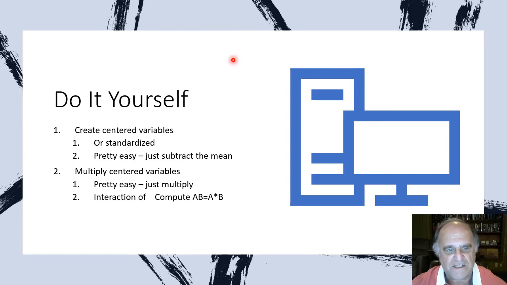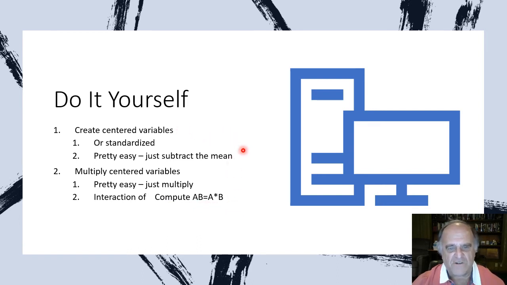So it's a two-step process to create an interaction. First, we have to center the variables. We just subtract the mean. And then we have to multiply the centered variables together. That's pretty easy. So the interaction would be compute AB equals A times B in SPSS. We can just call up the transformation, the compute statement, and say AB equals A times B once we've centered the variables.